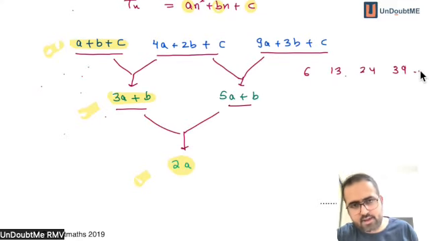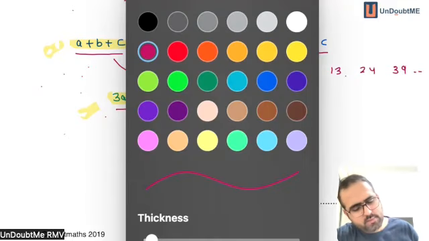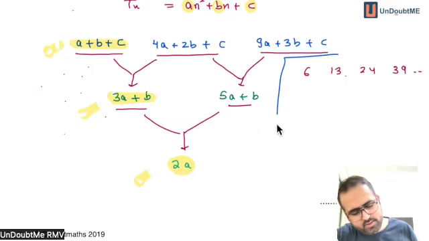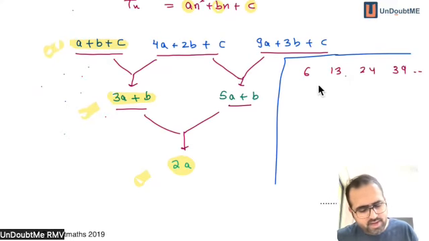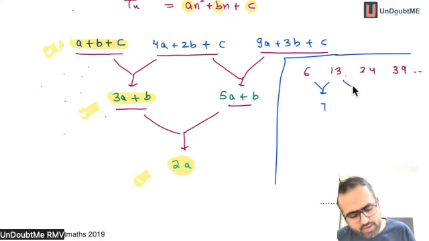These many terms are fine. I'll repeat the same process with these terms and see what I'm getting. So 13 minus 6, the first difference, is 7. 24 minus 13 is 11. 39 minus 24 is 15.